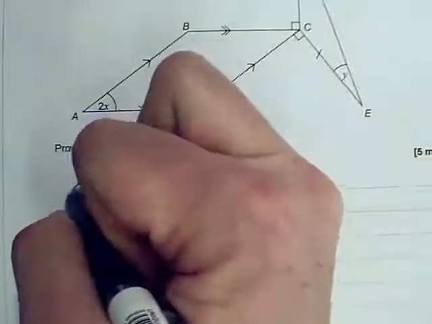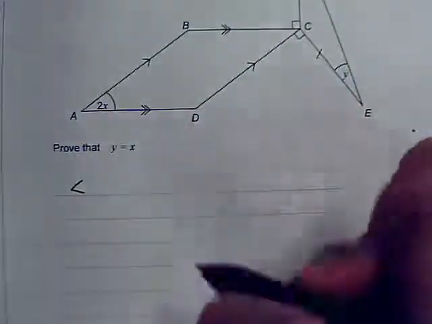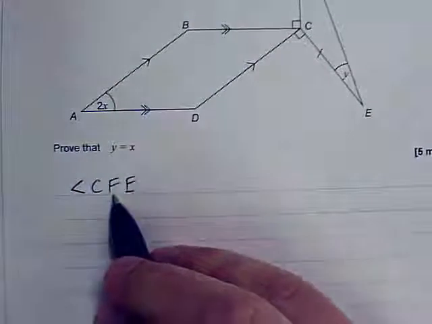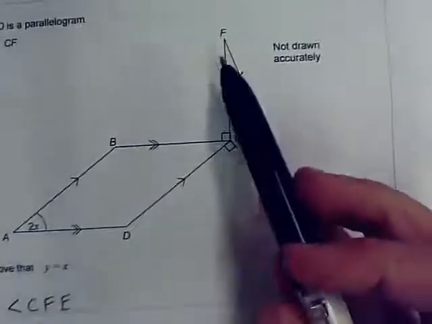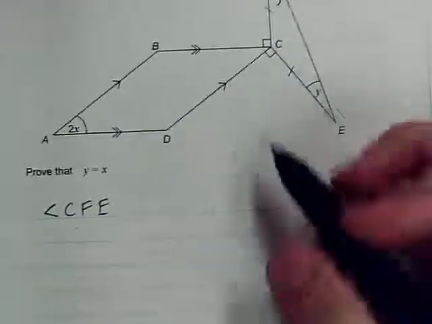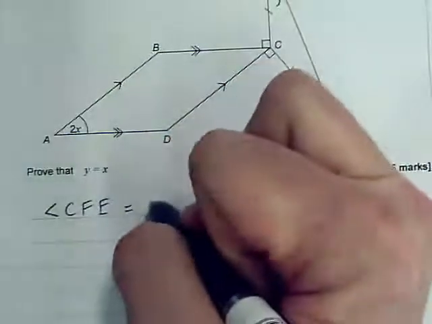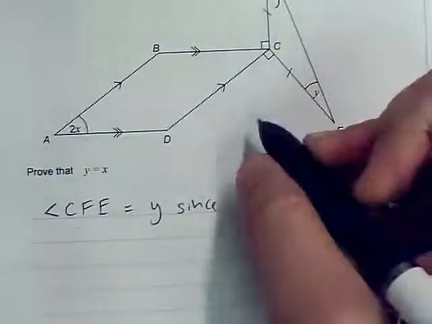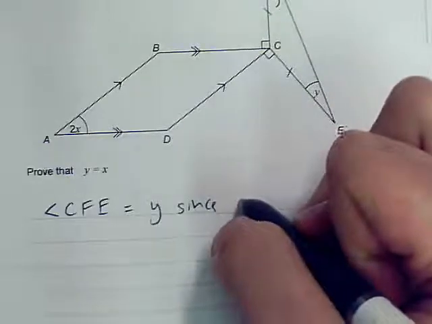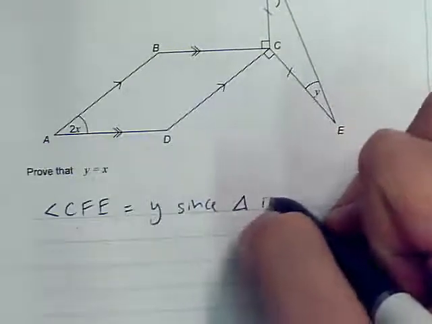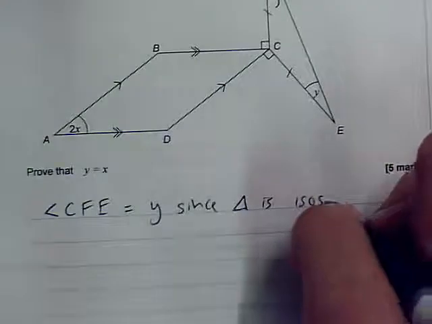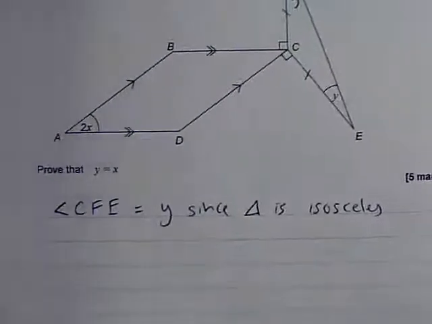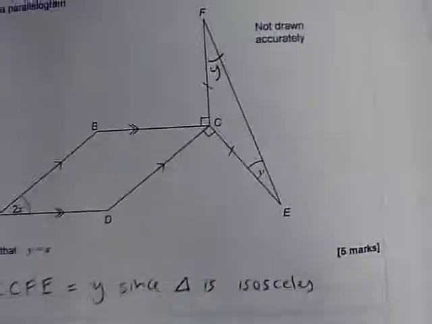Okay, so I'm going to just say angle, I can use that symbol for angle, CFE. Remember the letter in the middle is where the angle actually is, it's actually at F. That equals y, since it's an isosceles triangle, so I'm just going to say, triangle is isosceles. Okay, the examiner will understand what that means.